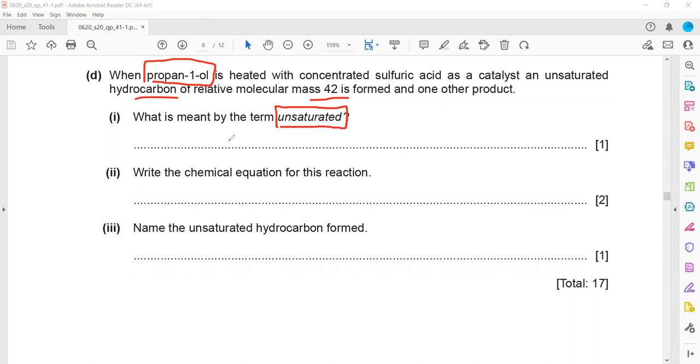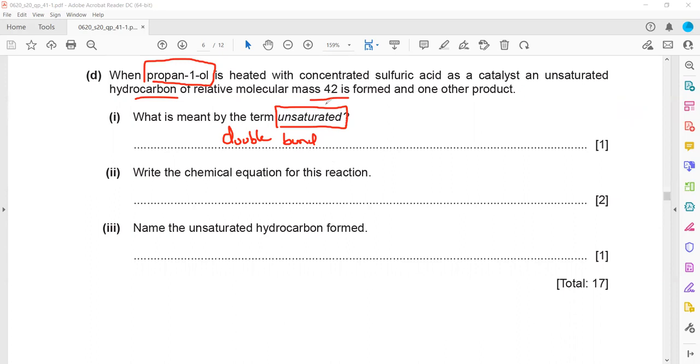Unsaturated hydrocarbon means the hydrocarbon which contains a carbon-carbon double bond, or there's a double bond between the carbon atoms. So the hydrocarbon which contains a carbon-carbon double bond, we call that an unsaturated hydrocarbon.